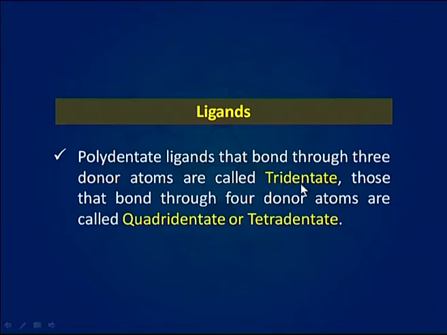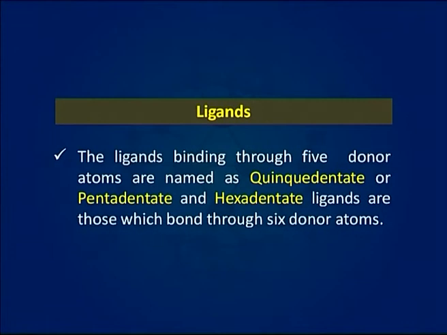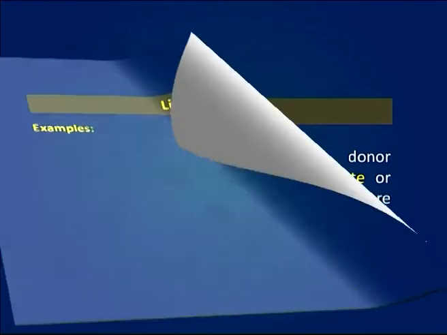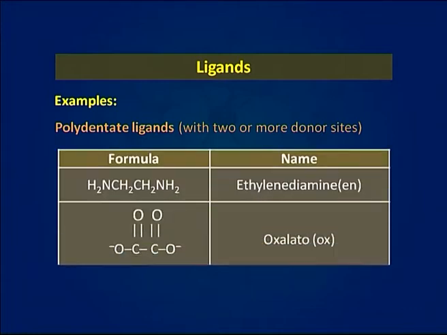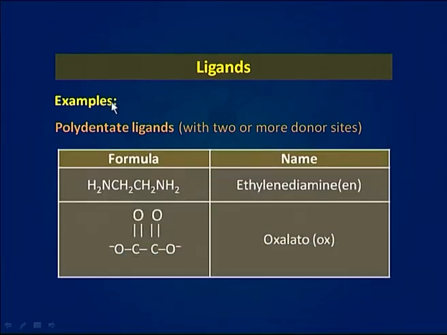Those that bond through four donor atoms are called quadridentate or tetradentate ligands. The ligands binding through 5 donor atoms are named as quinquedentate or pentadentate, and hexadentate ligands are those which bond through 6 donor atoms.